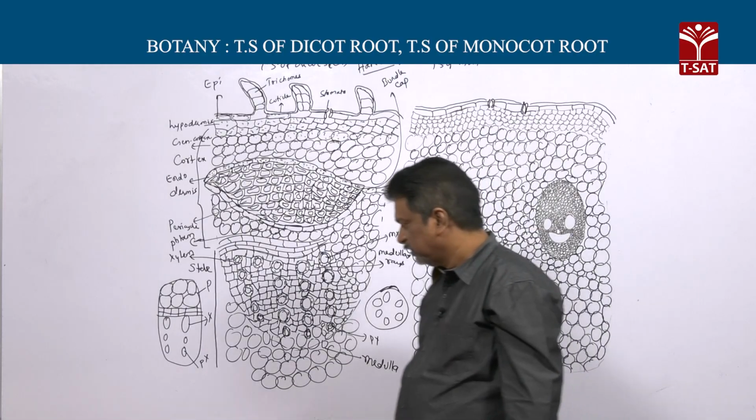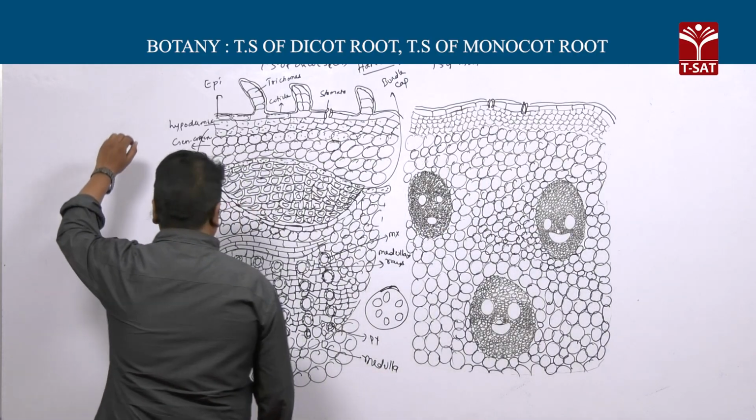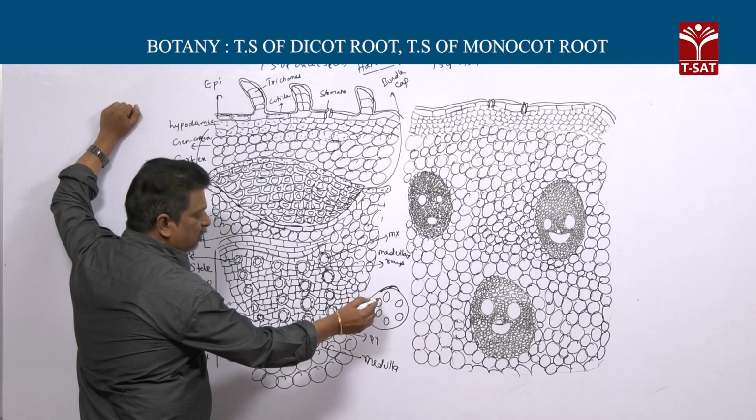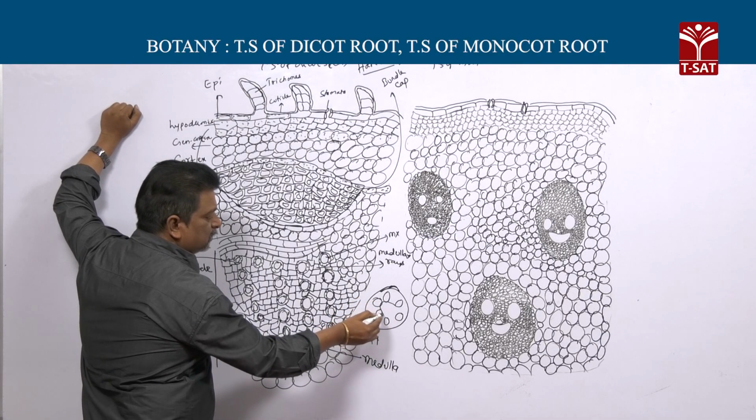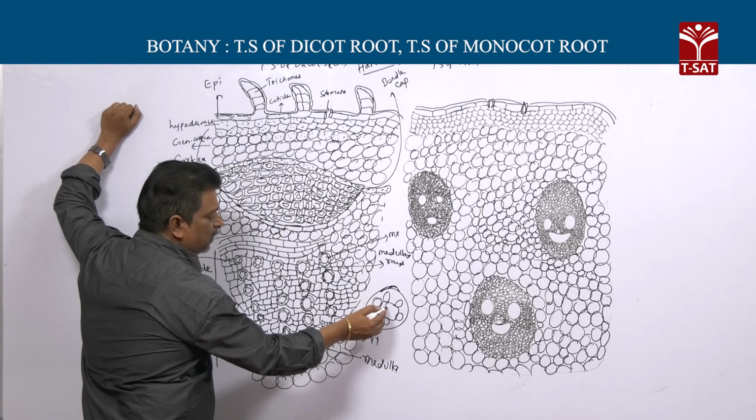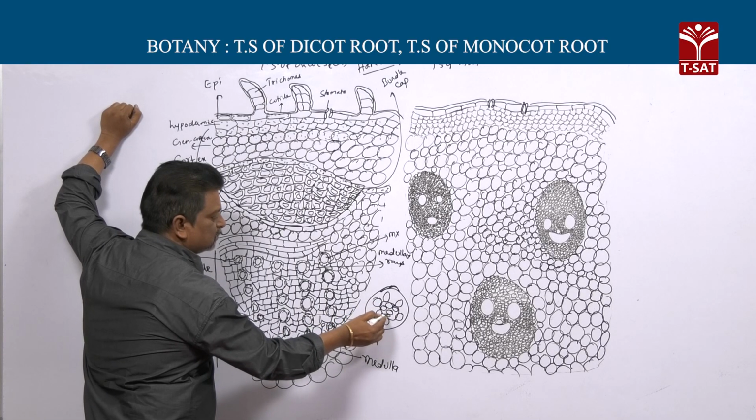In the dicot stem, a ring of vascular bundles is present. So, at the center, an enlarged medulla is present.